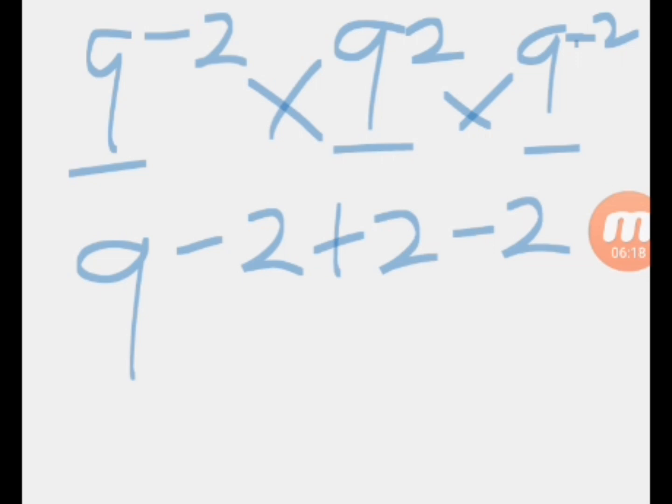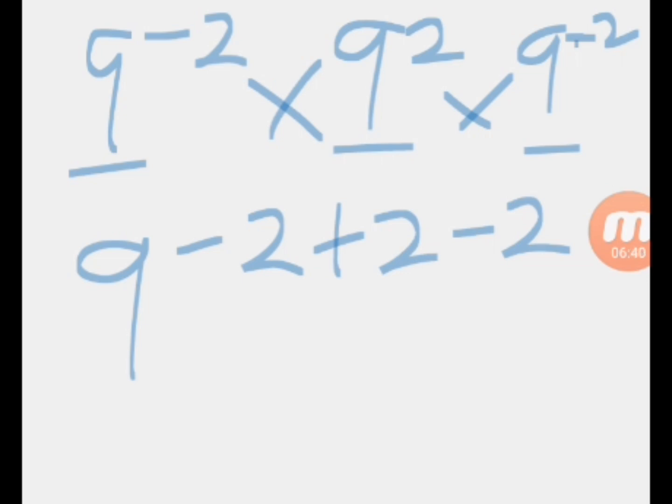So everything is there. Now, when you have something like this, what do you think is coming out here? Look at this: minus 2 plus 2 minus 2. What will you give?